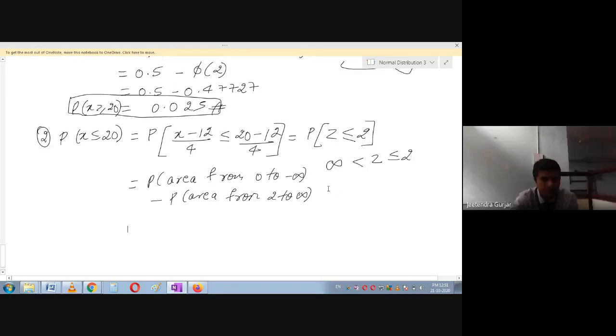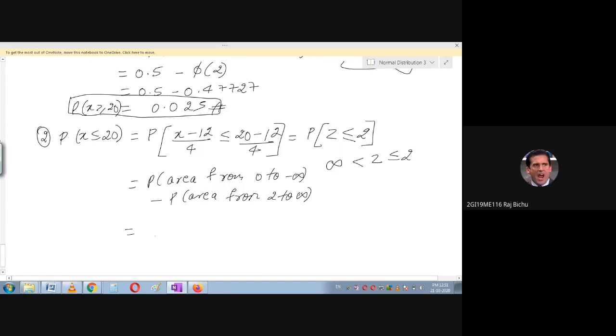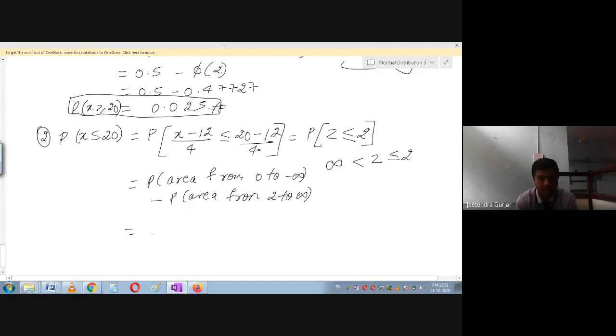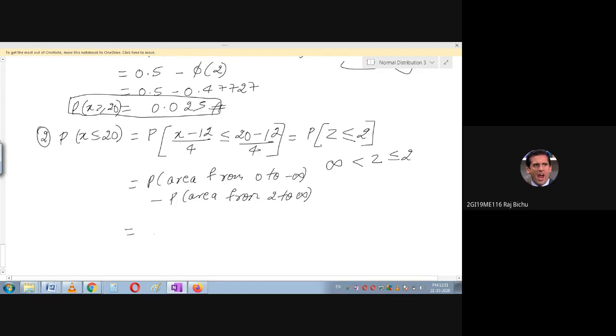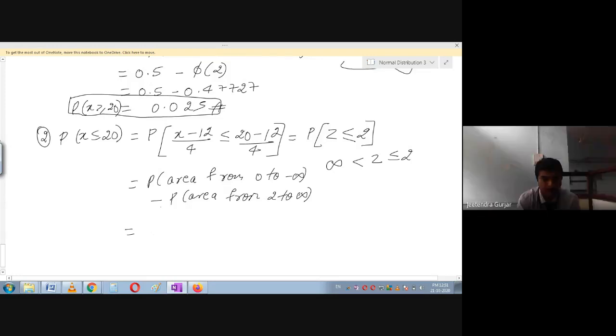Yes, sir. Now you will substitute the values. Area from minus infinity to 0 plus 0 to infinity. Yes, excellent.